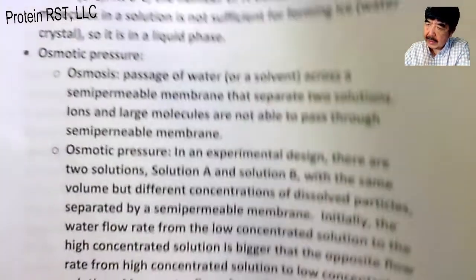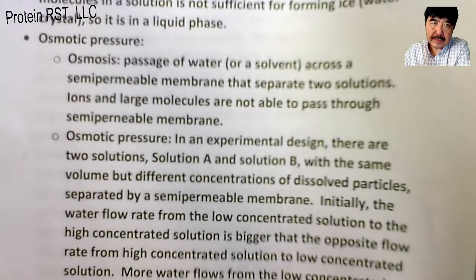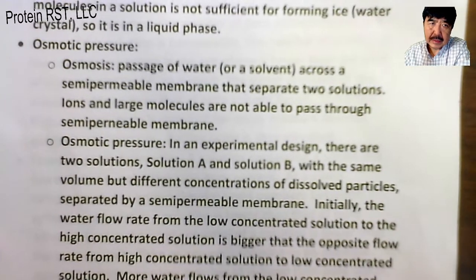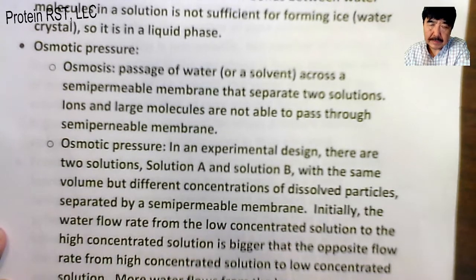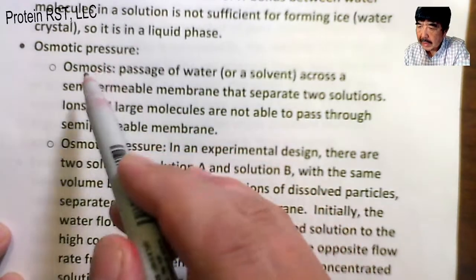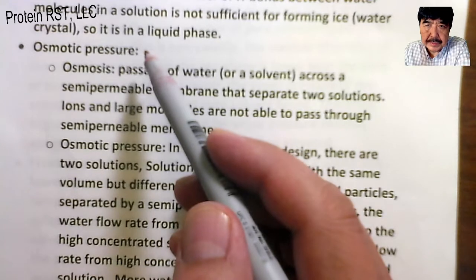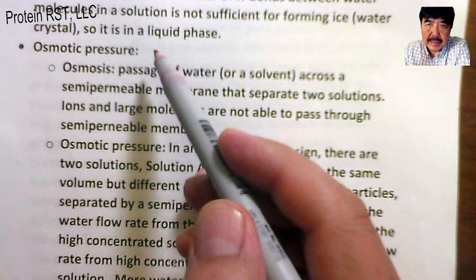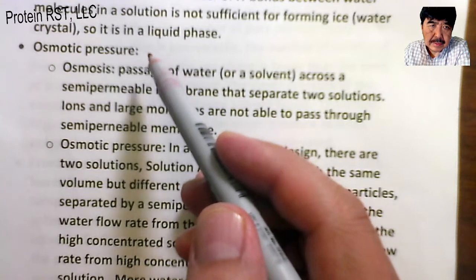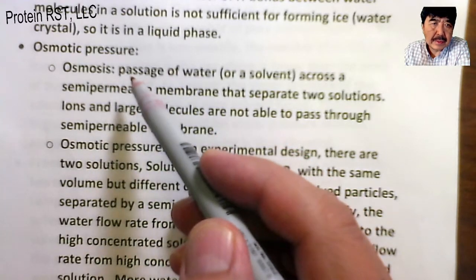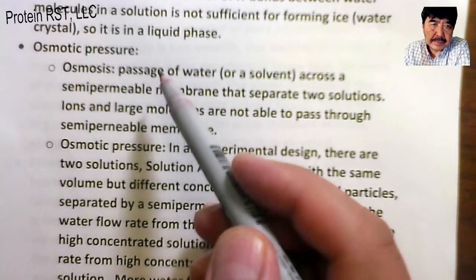And next, let's take a look at a very important concept called osmotic pressure. Osmotic pressure is often used in biology and biochemistry. Before we start to talk about osmotic pressure, let's define osmosis first.